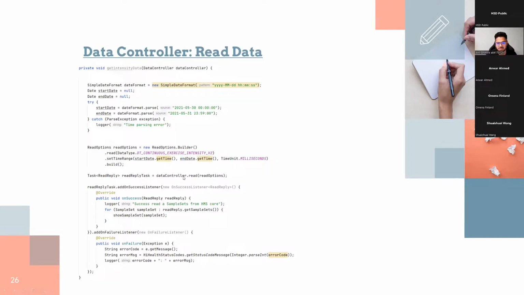Using the data controller, you read, passing the read options as the parameter. Then you get the sample set data in the success method of your callback, and failure if it fails for some reason. If the user has not authorized providing such data, then it can fail in such situations.